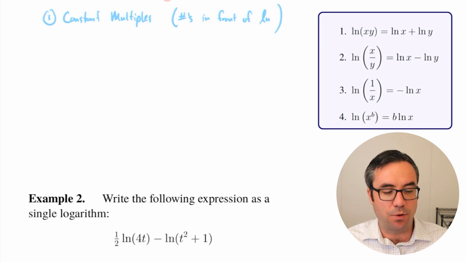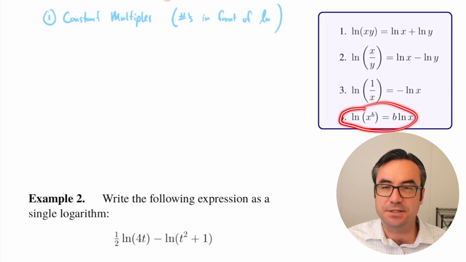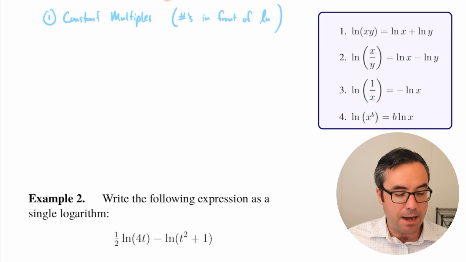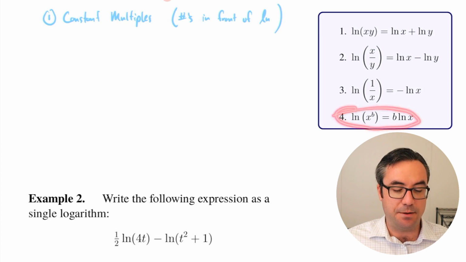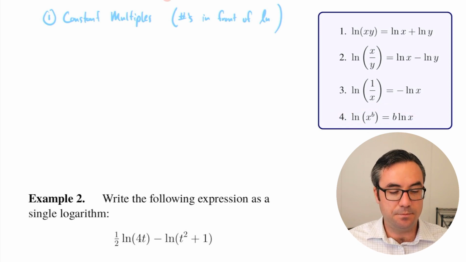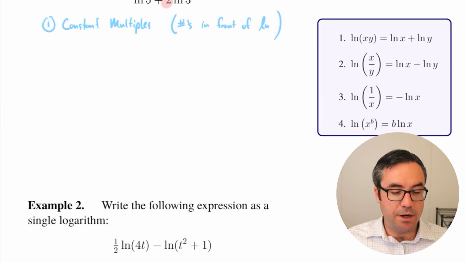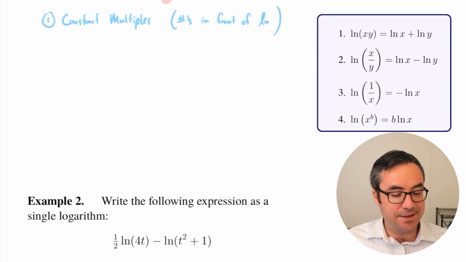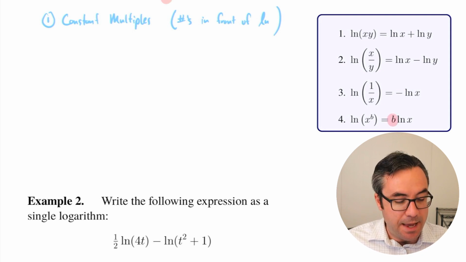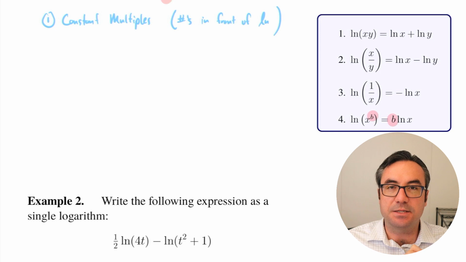It's not so important that you have these memorized in order or anything, but we want to use this property. So we're going to take this constant multiple, this number in front of our log term, and it's going to become an exponent inside the log function.